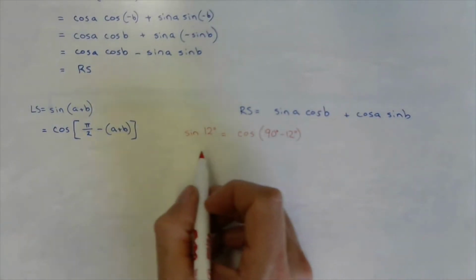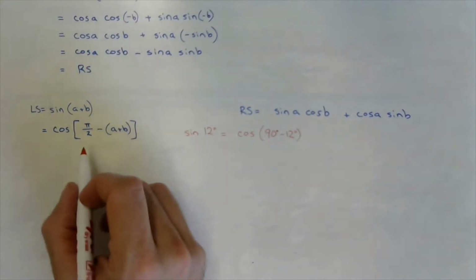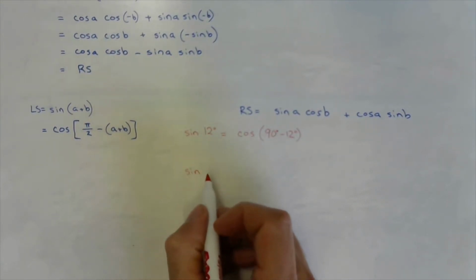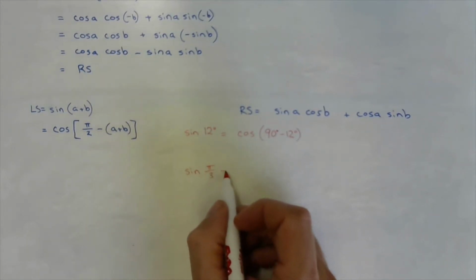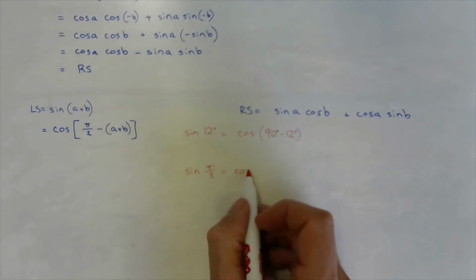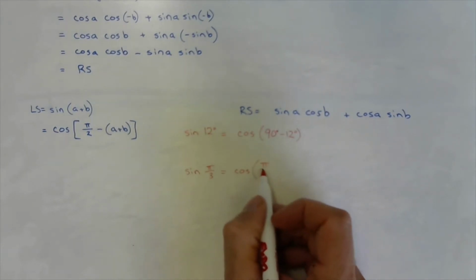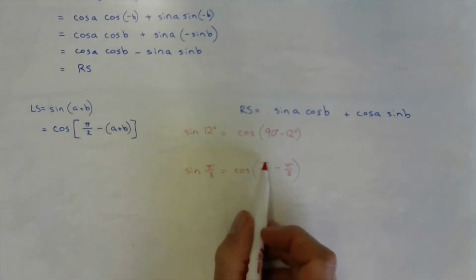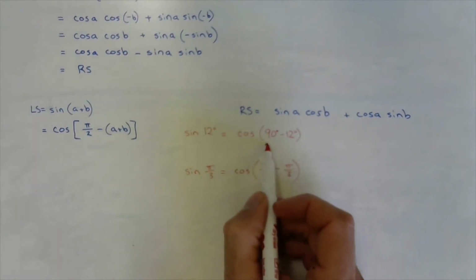Or, for instance, if we're dealing in the world of radians, if you had the sine of, I don't know, pi over 3, that would be equal to the cosine of pi over 2 minus pi over 3, where pi over 2 is equal to 90 degrees.